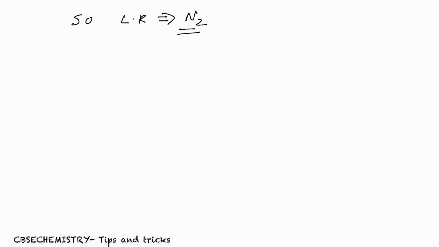Now what is our task? Our task is to find the amount of ammonia produced. For that purpose, rewrite the chemical equation again: N2 plus 3H2 gives 2NH3. Now remember, you have to find the amount of ammonia product by using the limiting reagent. From the stoichiometry, the mass of nitrogen is 28, as we already found.